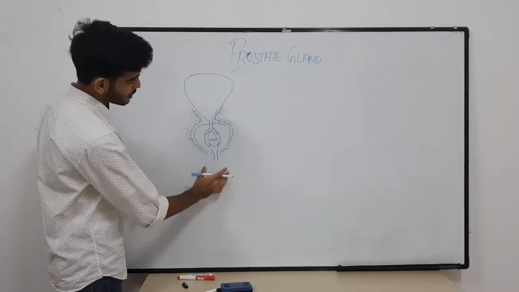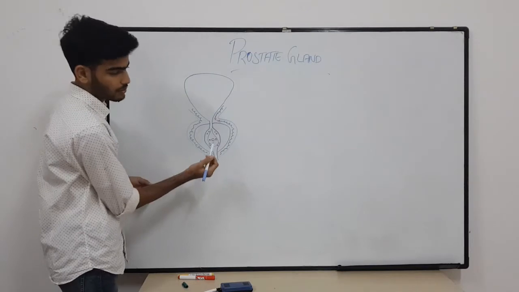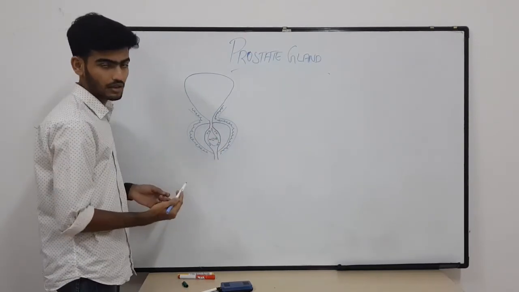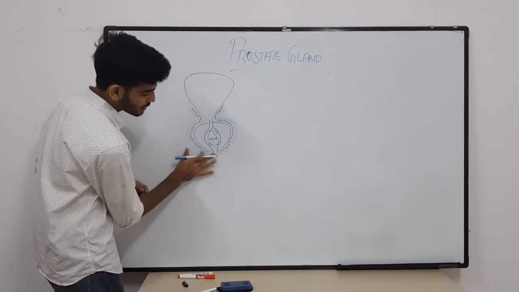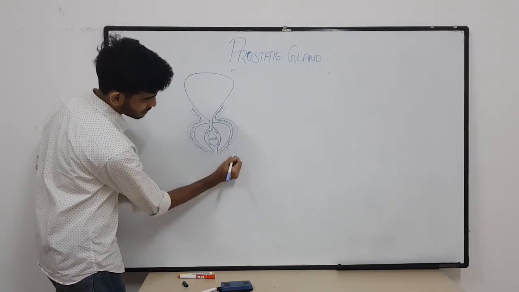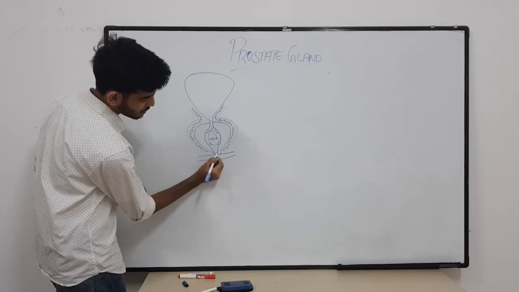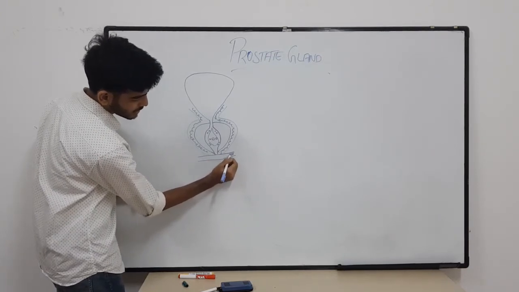The base is situated at the neck of the urinary bladder, and the apex is resting on the urogenital diaphragm.